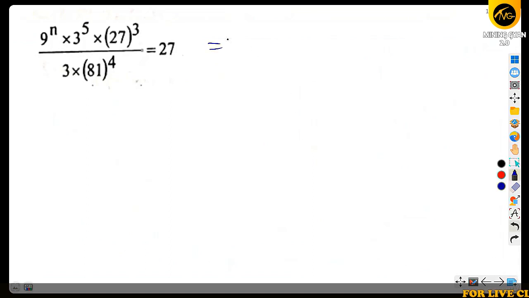In this case we have to find out the value of n. What is the value of n?